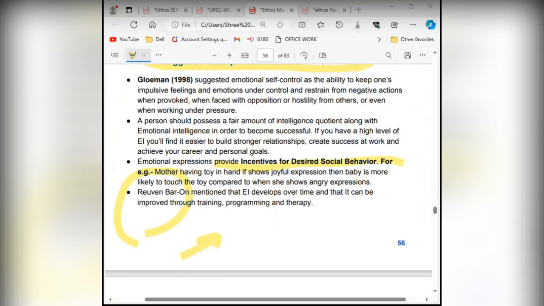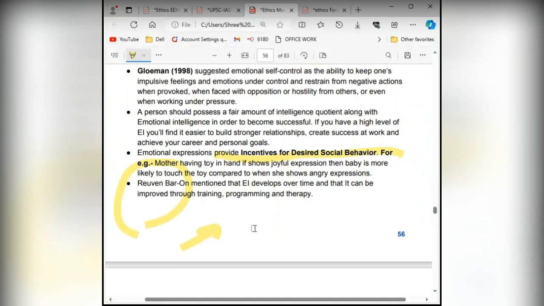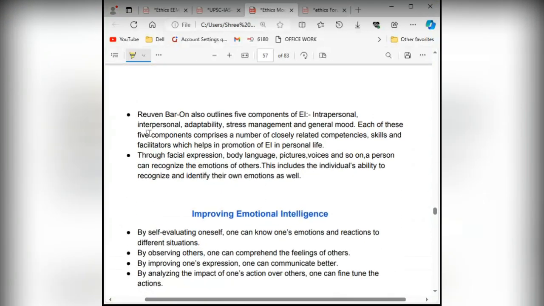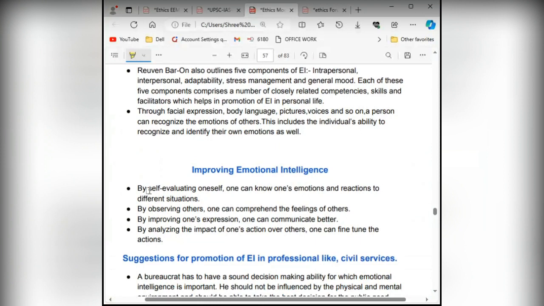Like the training sessions in the civil services, where they work upon your psychology, your mental process and thinking process, each and everything. Even meditation is the biggest source of emotional intelligence.